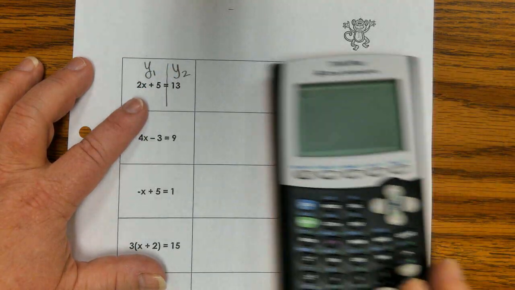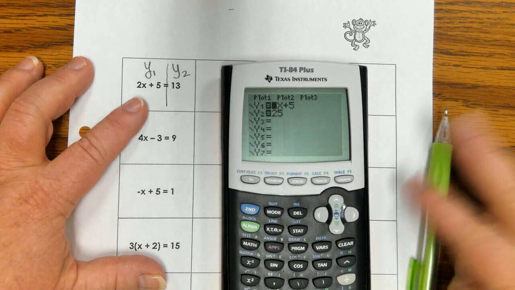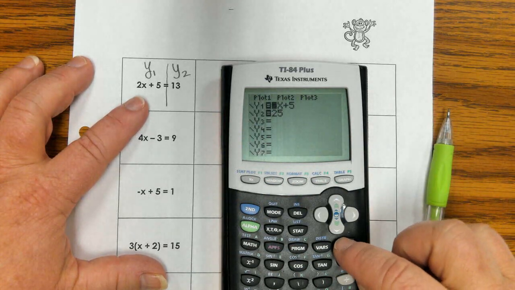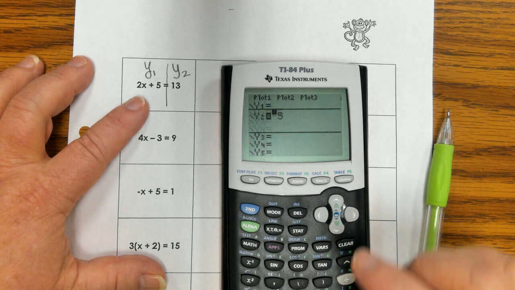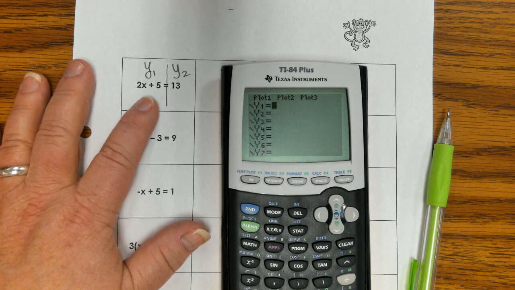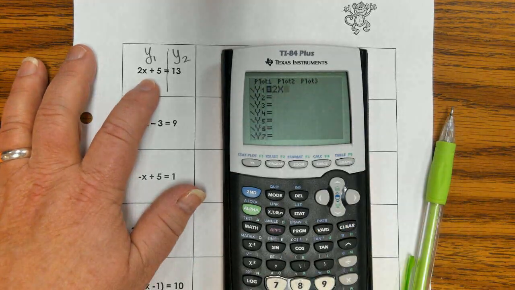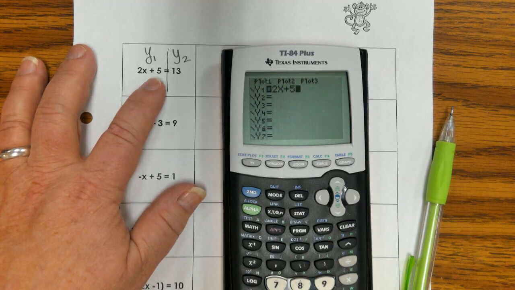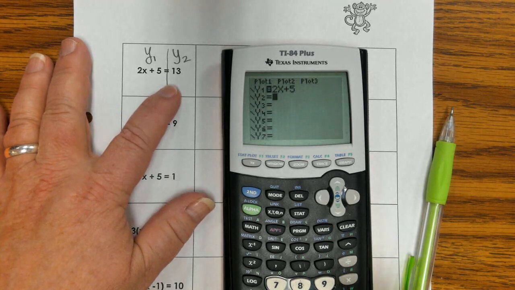All right? So when you have y equals is the first thing, and remember my old equation is here, so I need to clear that. Go down to y2, clear that. Oops, sorry, hit the wrong thing. Go back up to y1. And I'm going to put the left side of the equation, 2, and I'm going to use the x key, plus 5. Then I'm going to arrow down, and under y2, I'm going to push 13.